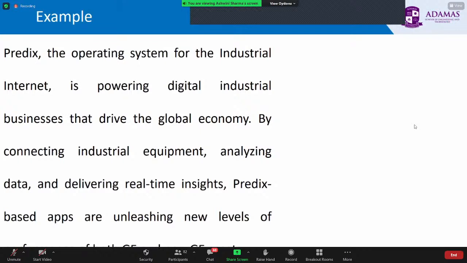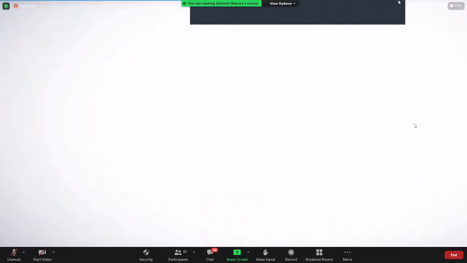Now see, connection is happening here, analyzing data and delivering real-time insights. Predix-based apps are unleashing a new level of performance. Of whom? General Electric. Okay, so let's see how General Electric is doing that.